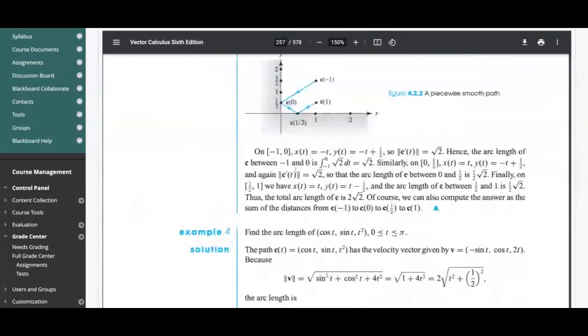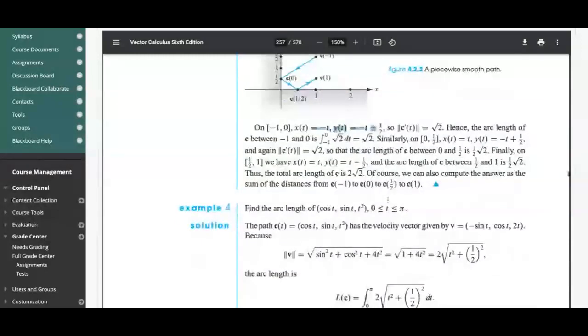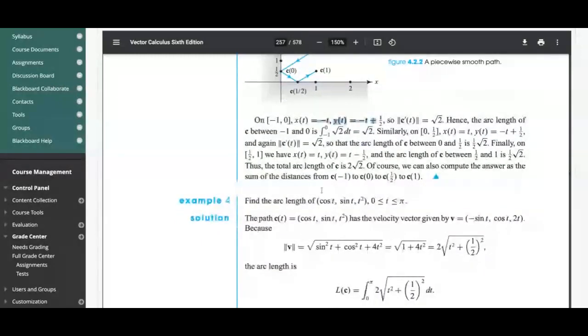So on 0 to half, we get negative t plus half. So we set up the arc length of C between -1 and 0, right?